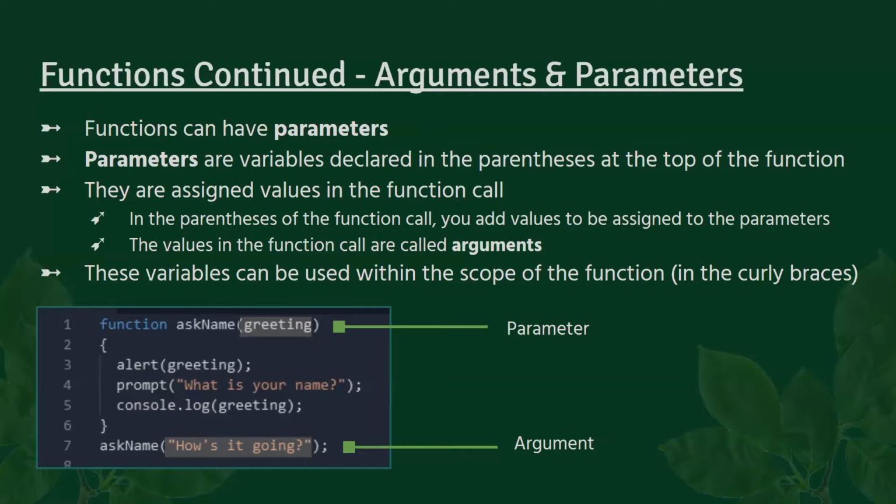When you call this function by saying ask name, how's it going, the computer is going to show an alert with an input box that says, what is your name? You put your name in, so I would put Willa, and then you press enter, and it goes into the system. The system would take my name, Willa, assign it to the value of greeting, and on the console, which is that black square that you would see in Replit, it would print, how is it going, Willa?